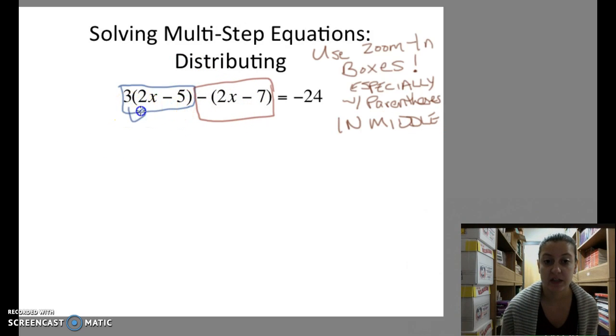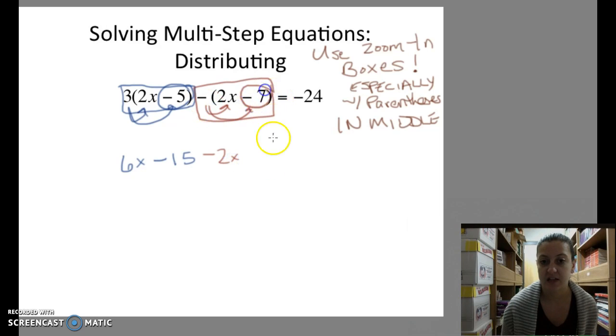Okay, 3 times 2x is 6x. 3 times, I'm always circling that second term, negative 5 is negative 15. Negative 2x, negative times negative 7, this is really a negative 1, right guys, is positive 7. Okay, now we can combine like terms. Again, a T-chart can help with this. Got x's, and I've got numbers.